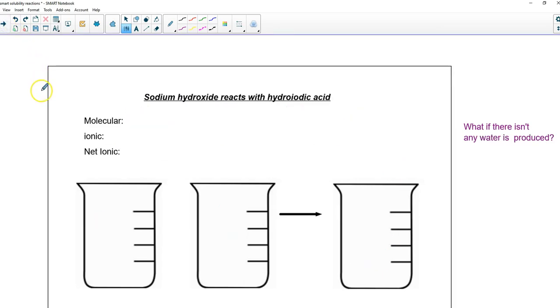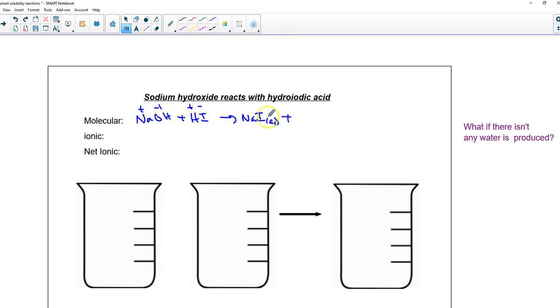All right, let's try another one. Sodium hydroxide. Again, pause the video, run it through yourself. So I have NaOH plus hydroiodic acid, HI. And we're going to get cation, anion, cation, anion: NaI, and right away, that's a quick check, so I'm going to put aqueous on it.